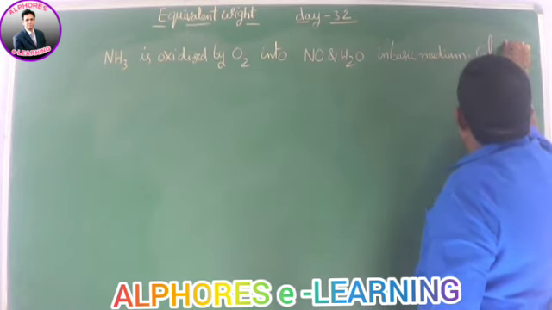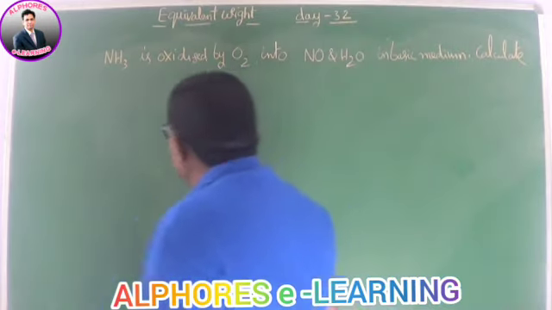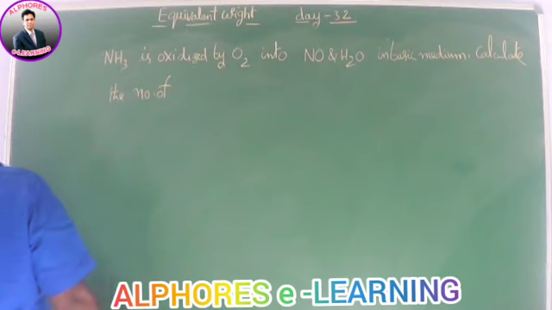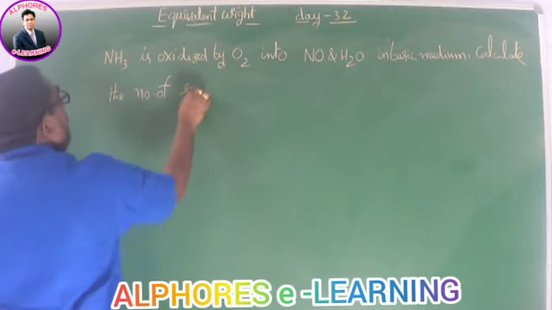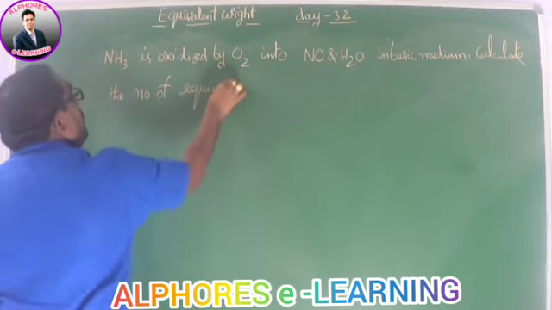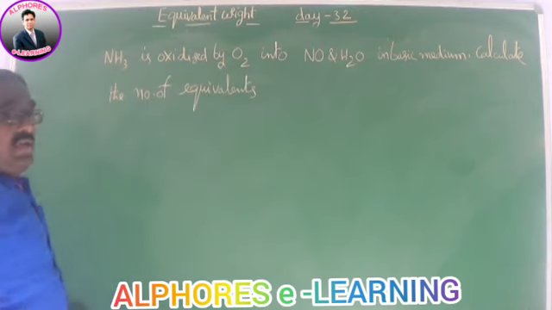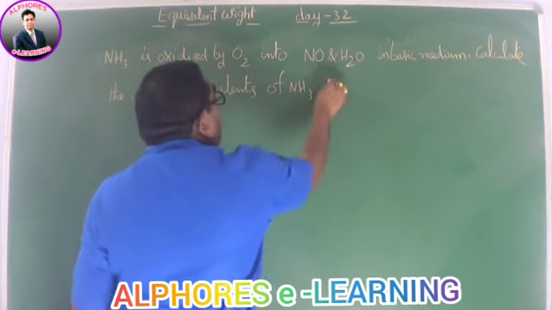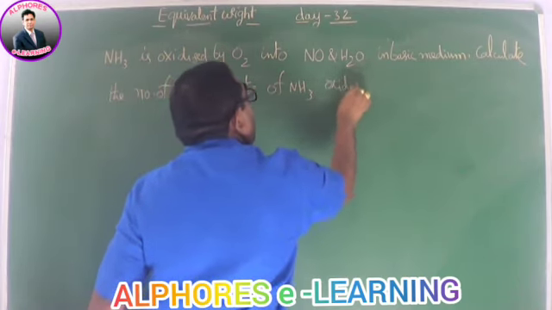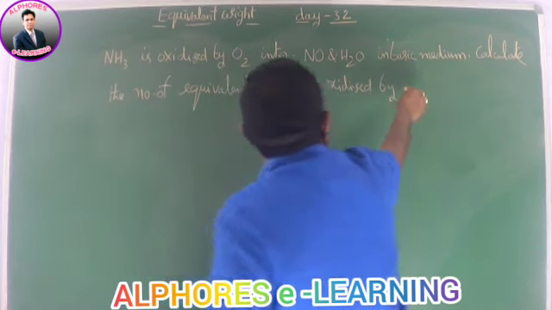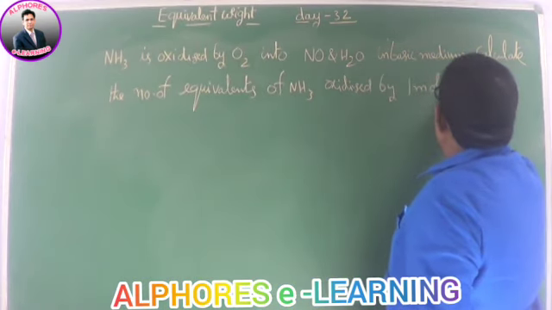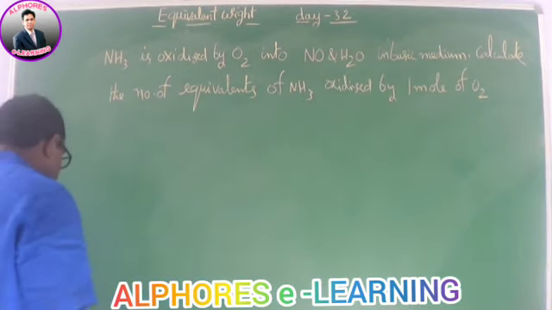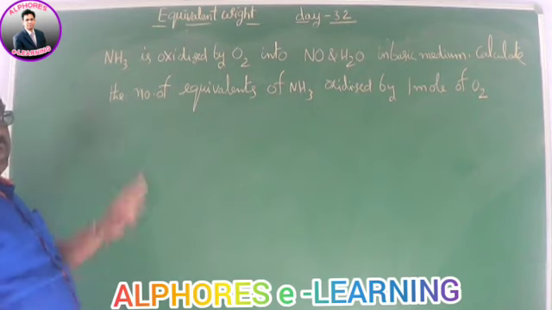The question is: calculate the number of equivalents of ammonia oxidized by 1 mole of oxygen. That is the question given.